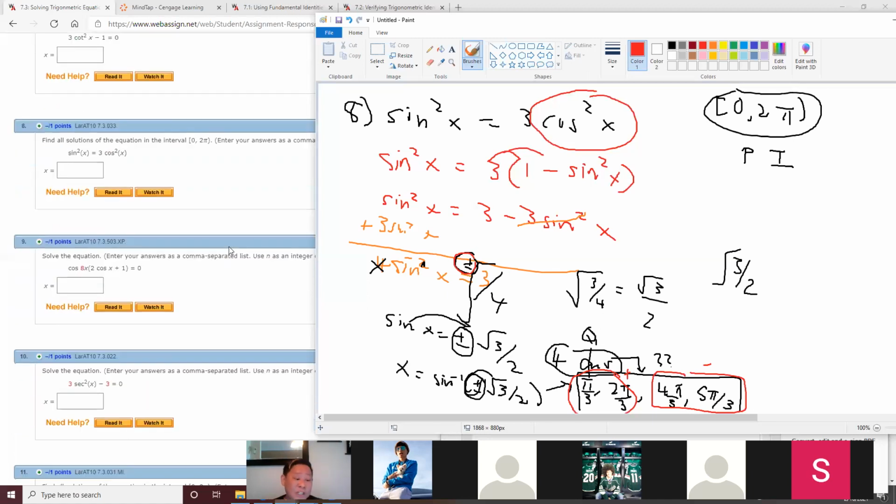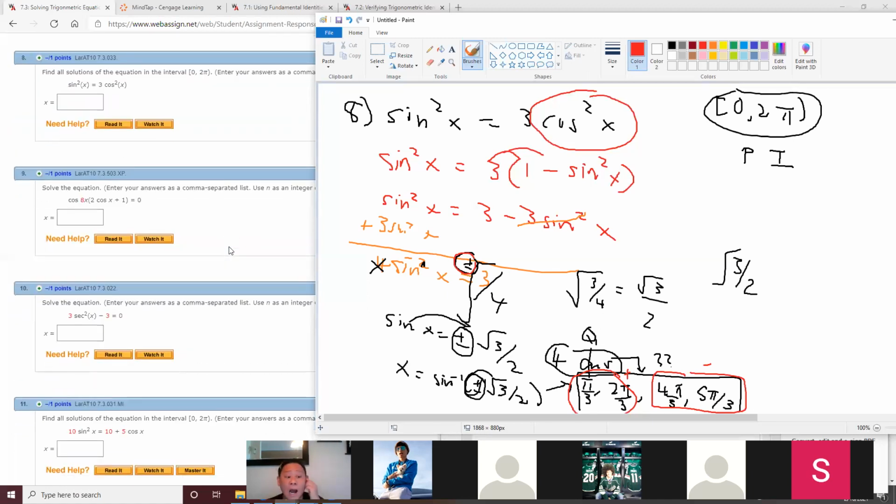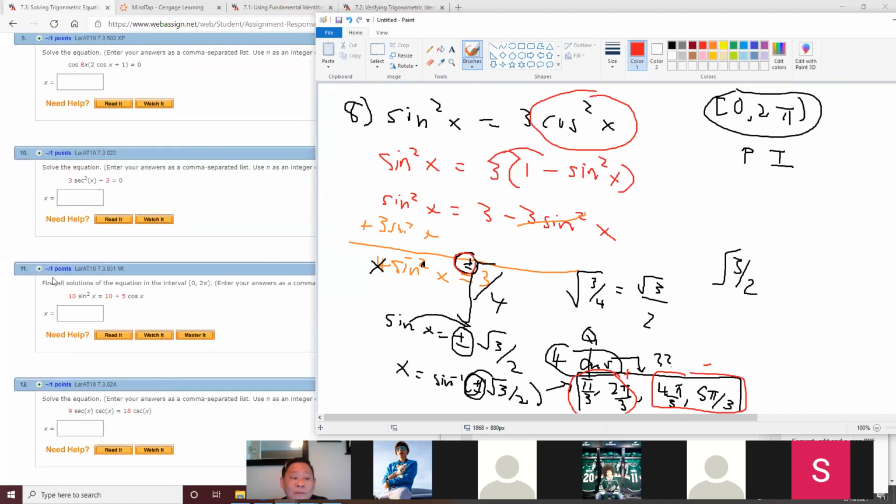So I didn't finish this. This is something you will need to do. Sometimes you need to factor, like question 11. You have to change this sine square x to become cosine, like what we just did over here. You change it to 1 minus cosine square x, and you need to factor them. Once you factor, you will solve it.